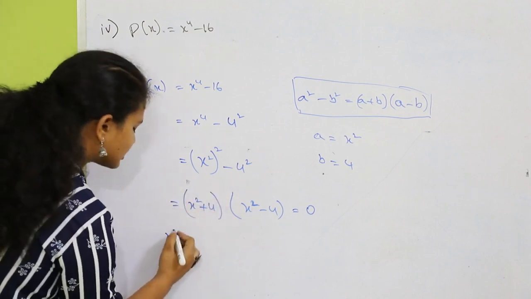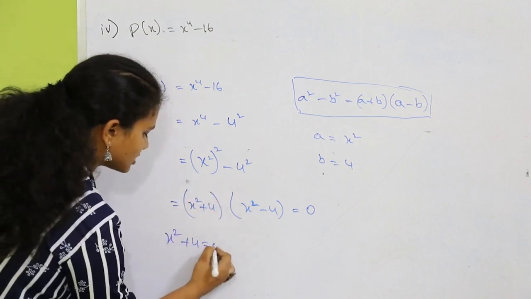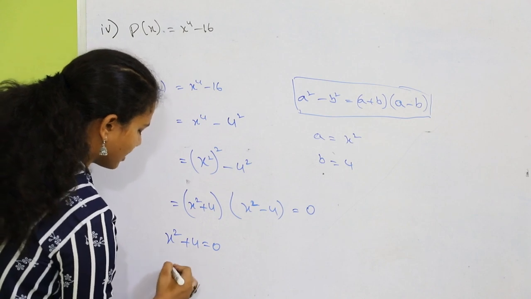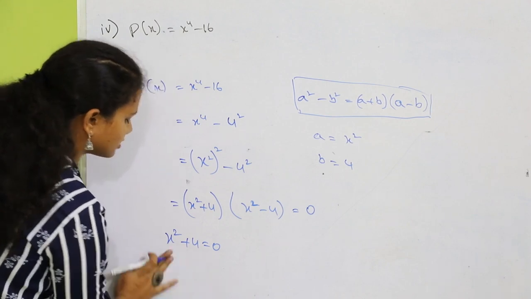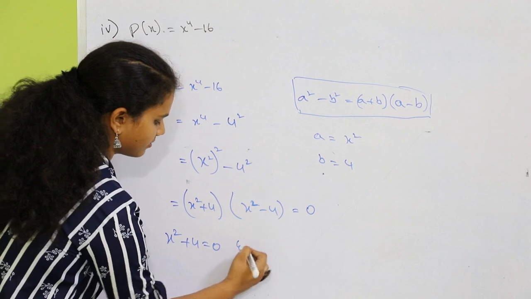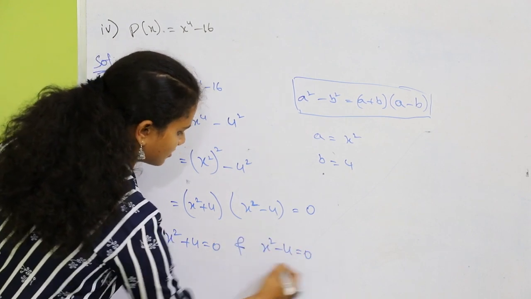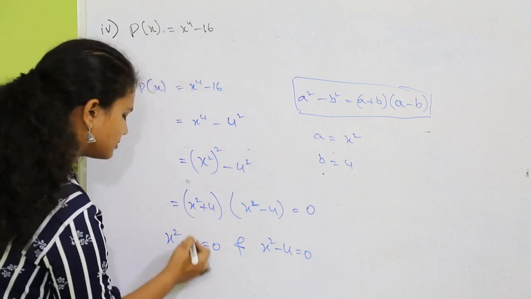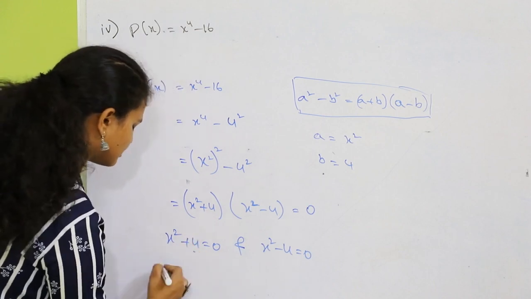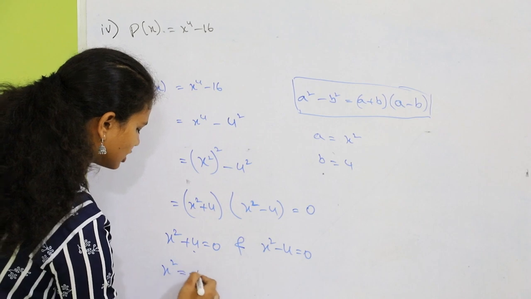This becomes x square plus 4 equal to 0, and x square minus 4 equal to 0. Now transpose this plus 4 to the other side. This becomes x square equal to minus 4.